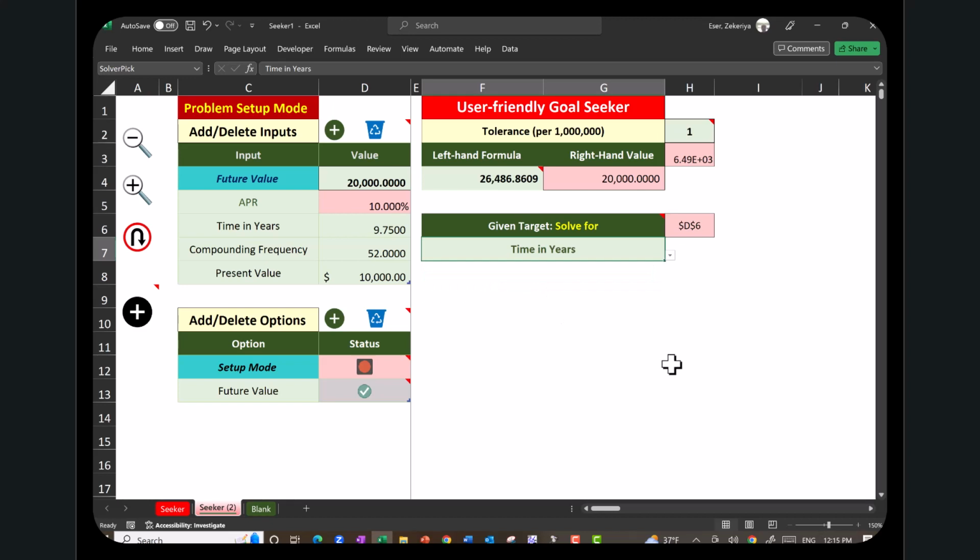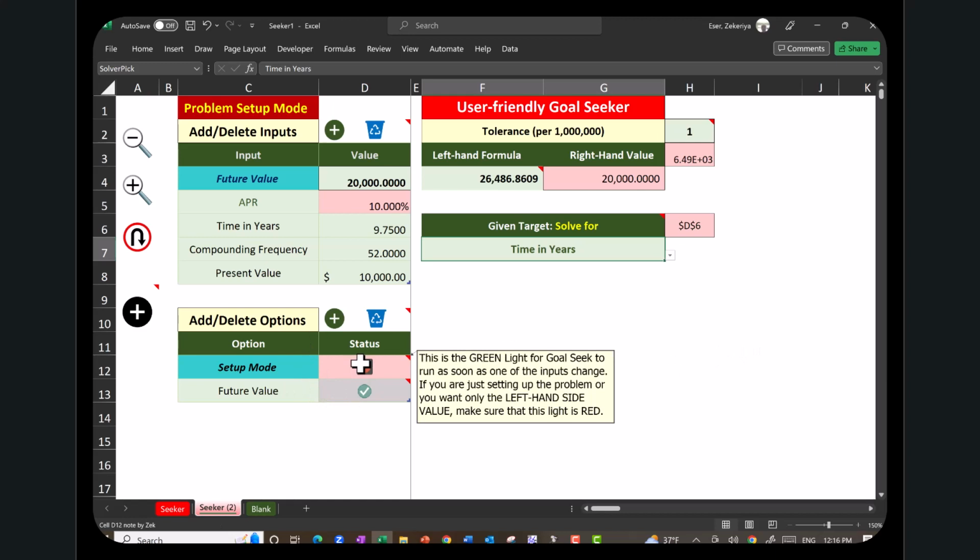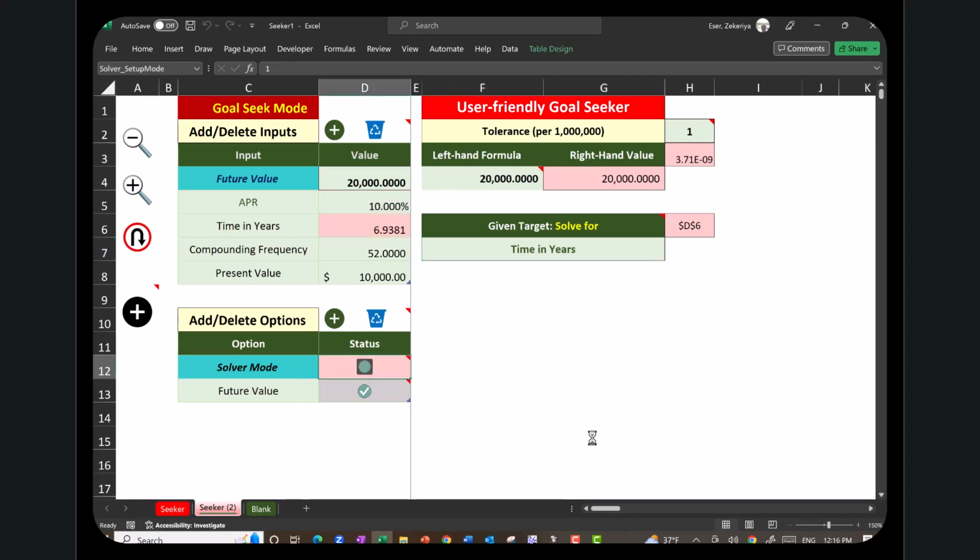I'm going to tell you compounding frequency is weekly, present value 10,000, APR is 10%, and I will end up with 20. I want to solve how long it's going to take. Once I have it, double click on the red light, the solver mode. Voila, we're done. As you can see, the color is all the unknown after that change.